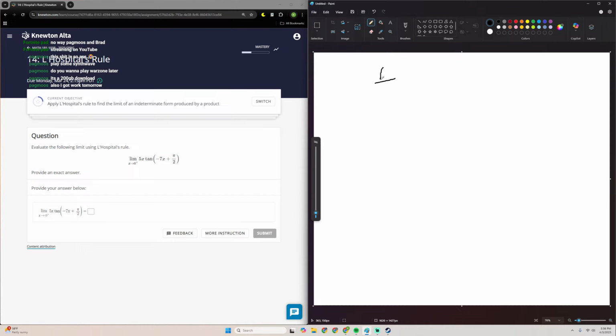This becomes 1 over 5x. Whoops, no, not really. Rule, we put tangent of negative 7x plus pi over 2.